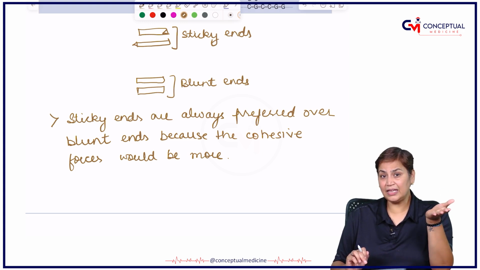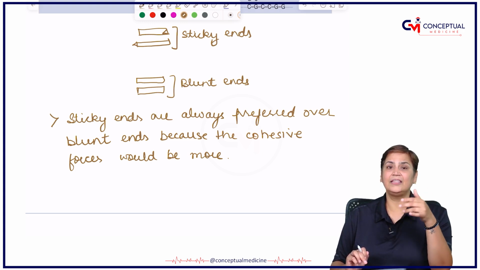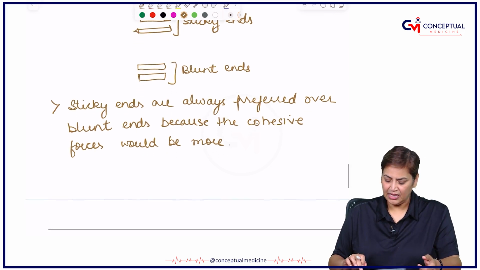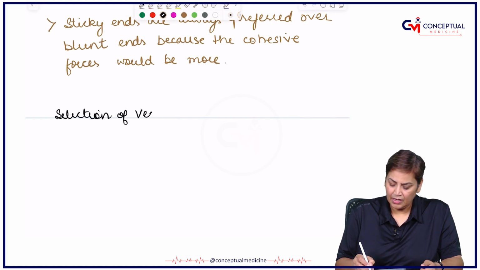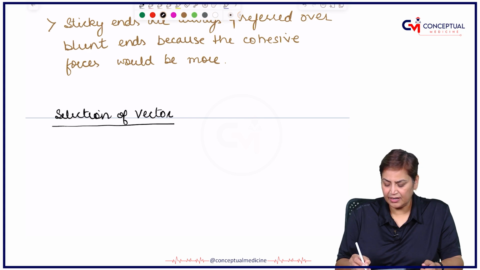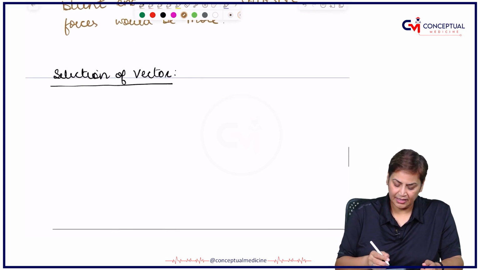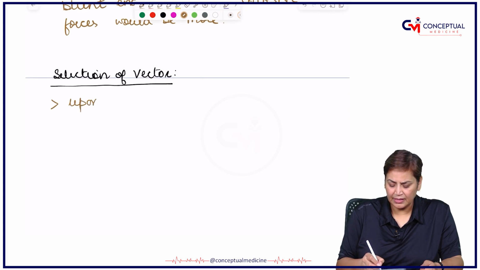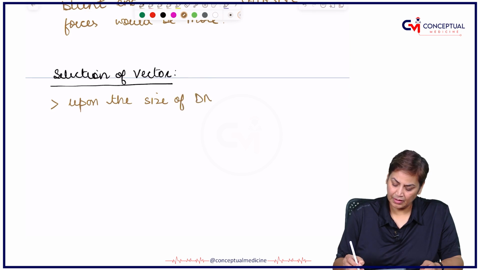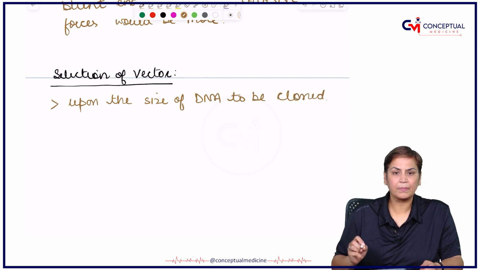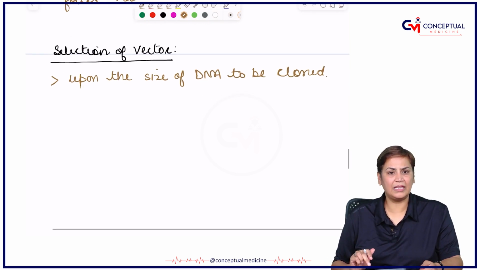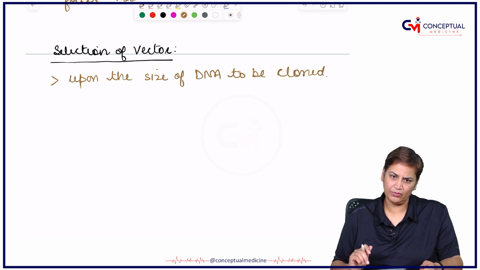First of all, cutting of DNA is done by REs, then we have to select the vector. Selection of vector simply depends on one thing, the size of the DNA to be cloned, right? So depending upon that, there is a variation in the vectors.